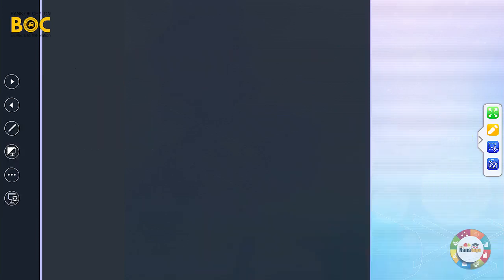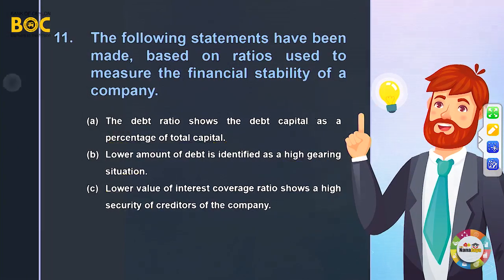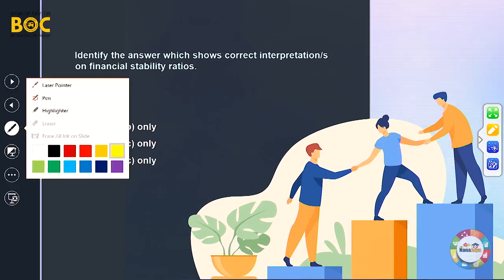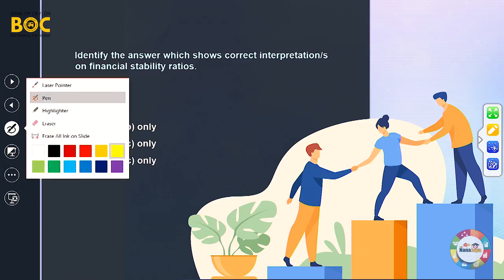Out of the statements given, only the first statement, statement A, is correct. Answer number 1, only statement A is correct. The answer number 1 is correct.